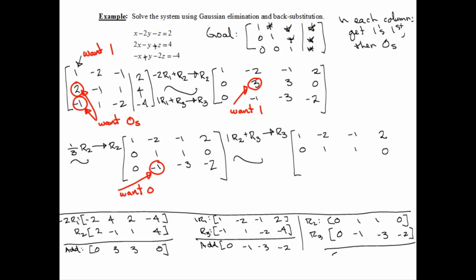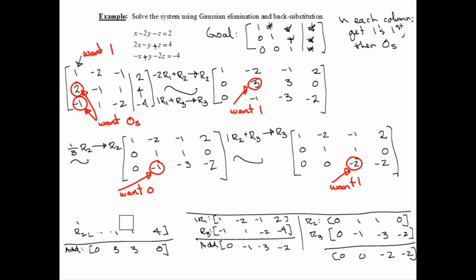And then when we add them, we're going to get 0, 0, negative 2, and negative 2. And that's what we're going to have here. 0, 0, negative 2, and negative 2. So now our goal is to get this to be a 1.